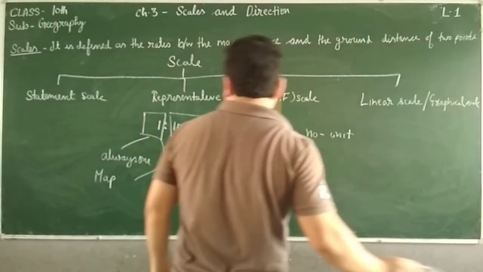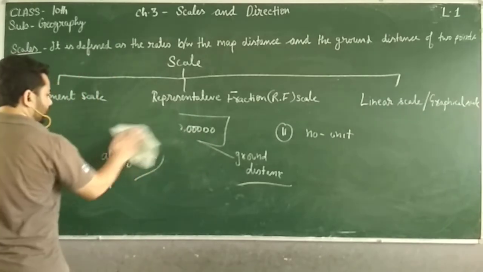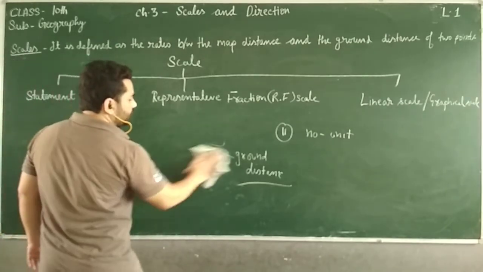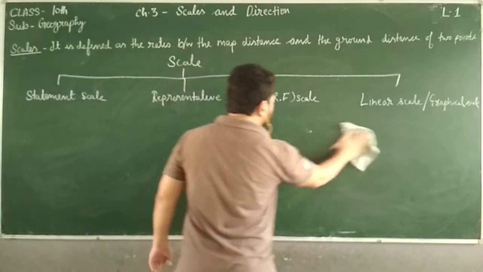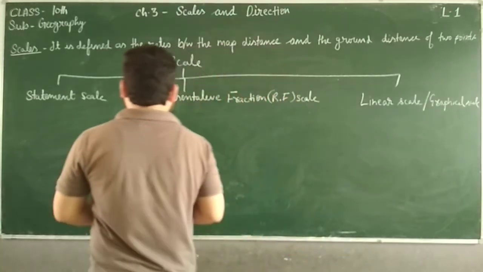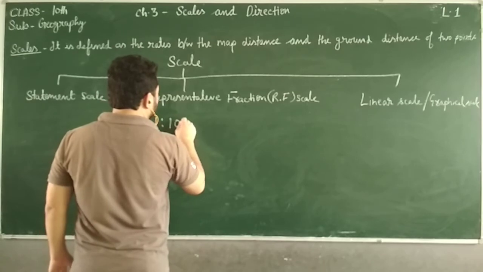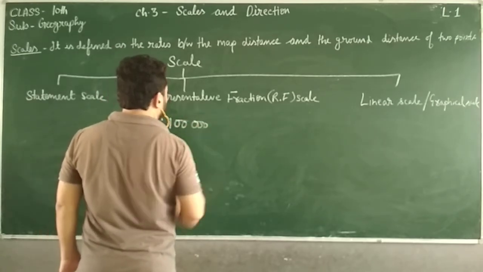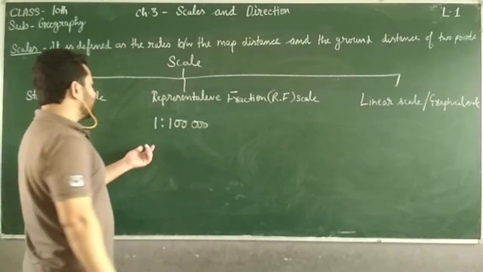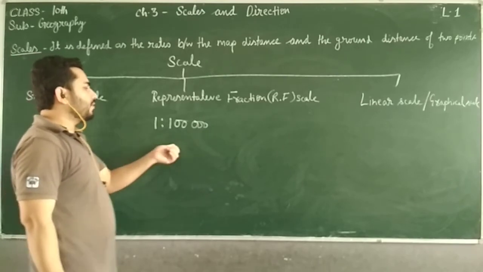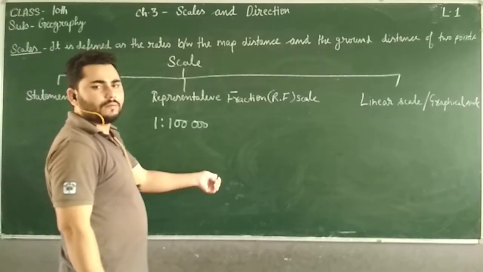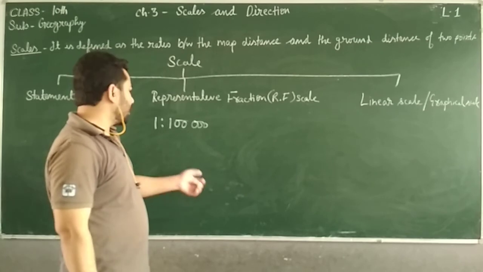How will we use this fraction? I have already told you. If it is given 1 is to 1 lakh, it means 1 unit on paper will be equal to 1 lakh unit on the ground.